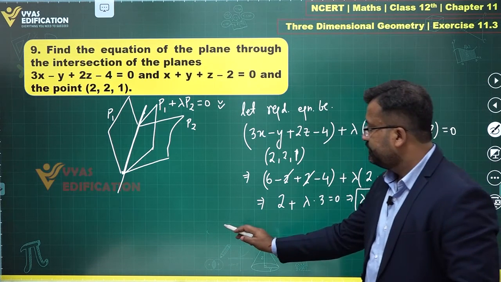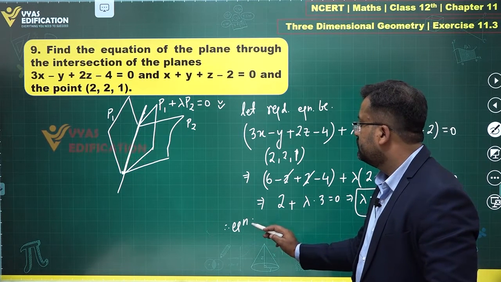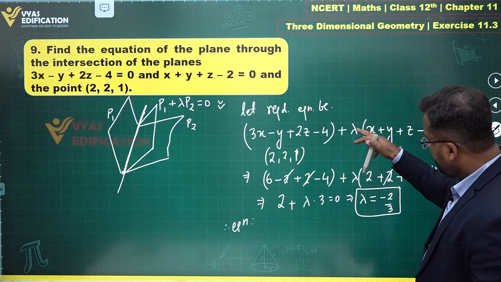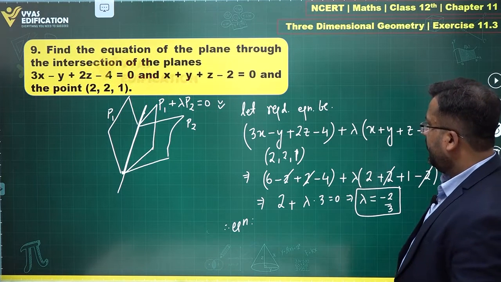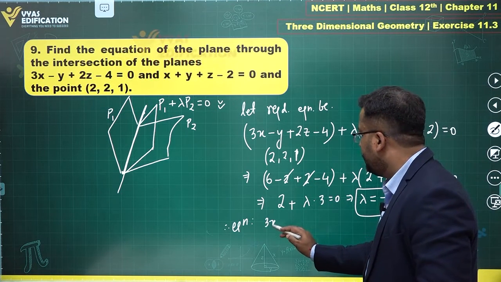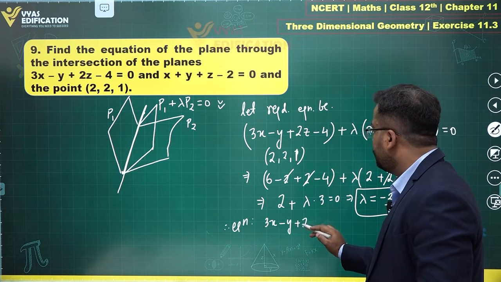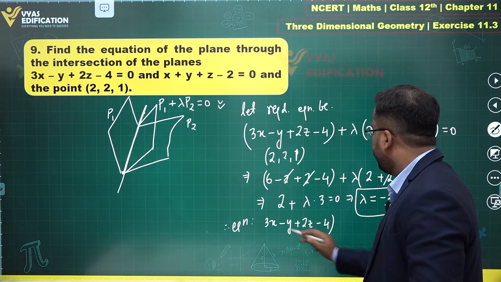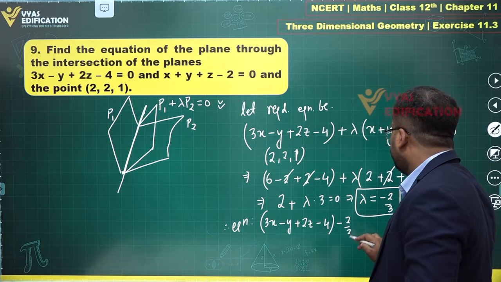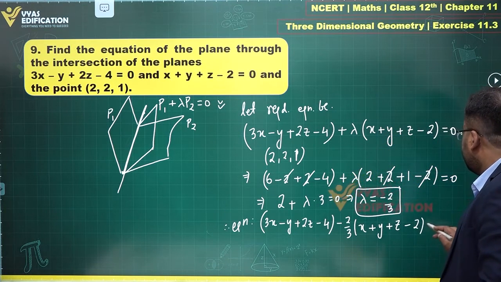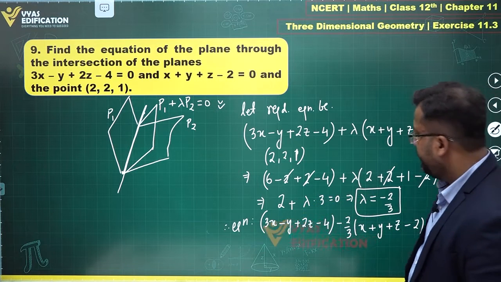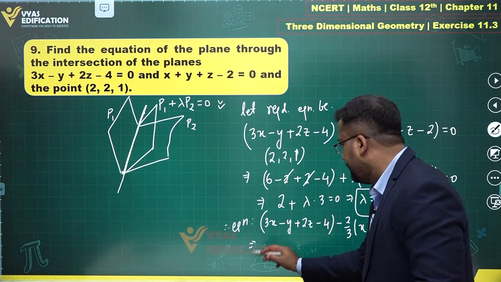Therefore the equation becomes, you put minus 2 by 3 and then multiply by 3, basically. So 3x minus y plus 2z minus 4 minus 2 by 3 times x plus y plus z minus 2 is equal to 0, right? And now you multiply by 3 and simplify.